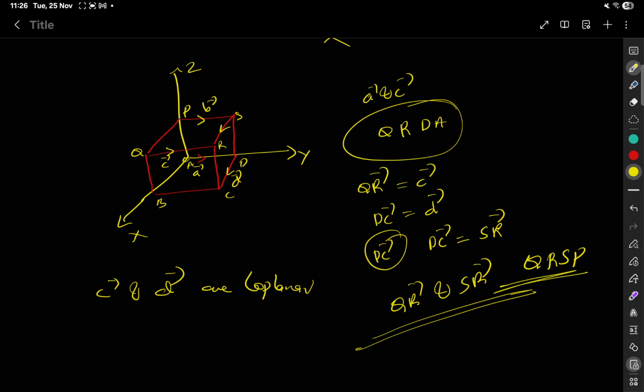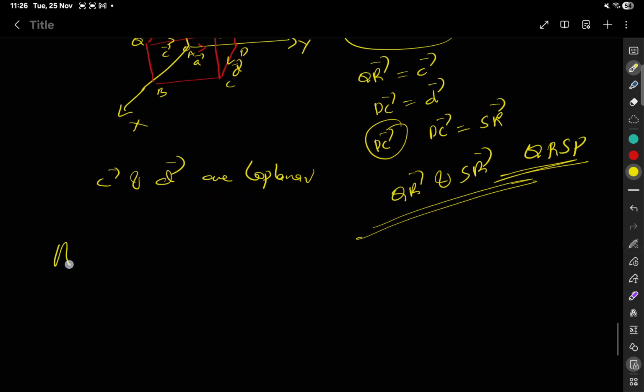We are not dealing with localized vectors. So I can move this CD parallelly and make it SR. Clear? I hope you understood this. Any two vectors are coplanar.